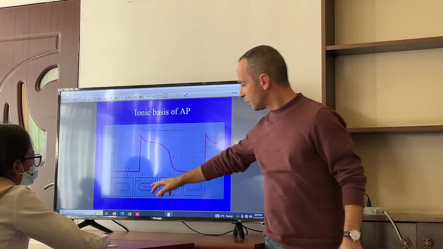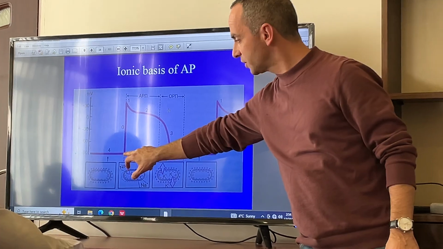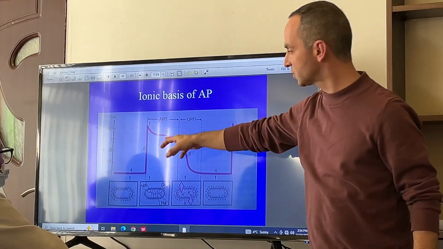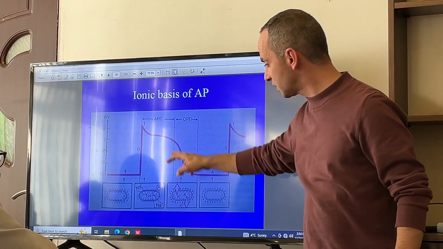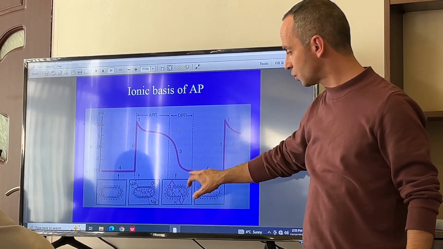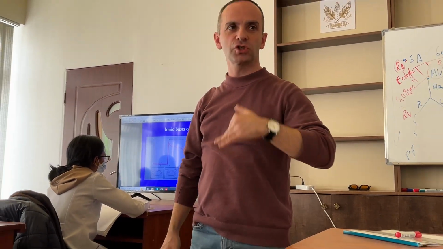In general, we have four phases. This is the resting potential. Then sodium channels open and there is an influx of sodium, then an efflux of potassium and calcium influx. Then potassium starts from here, the plateau phase, and so on. Then the sodium-potassium ATPases and the sodium-calcium exchanger start to work, and the initial condition comes back.